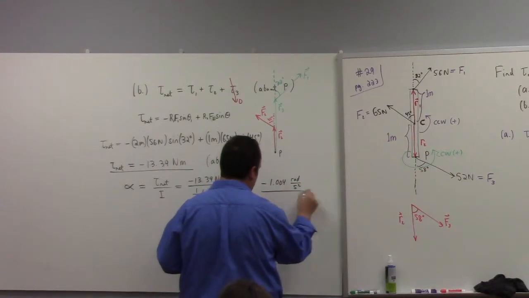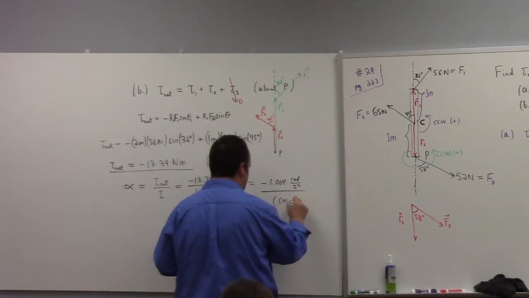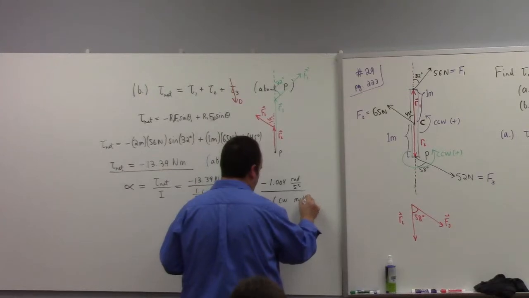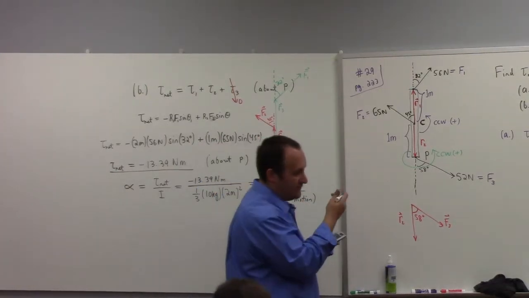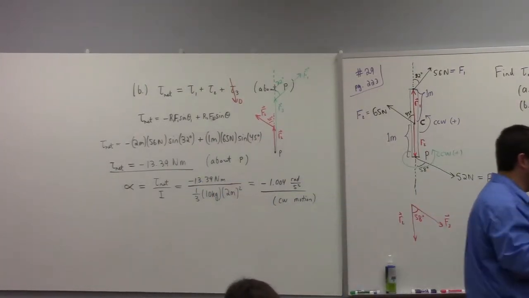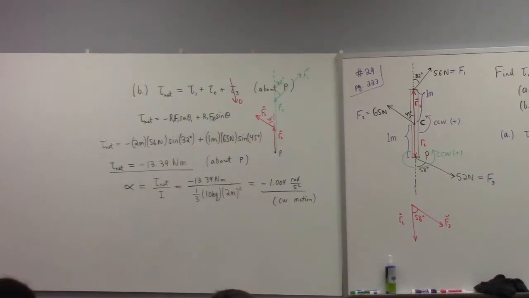So there you go. So that would be a clockwise motion. The other one would have been a counterclockwise motion, right? About C versus that one is about P.